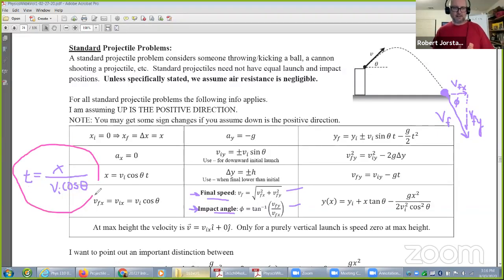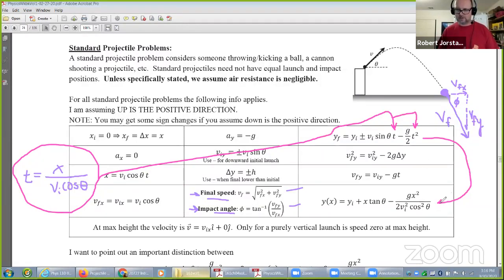If you take this equation right here and shove it in both here and here, you get this equation. So if you're wondering where this last equation comes from, it's basically the same as that first equation, but solved. I eliminated t and plugged in what x. I basically solved for y as a function of x instead of y as a function of t.